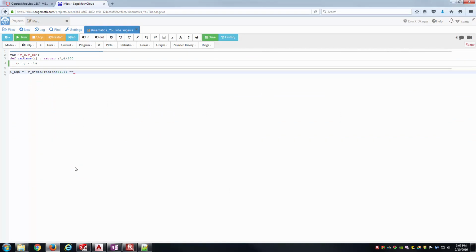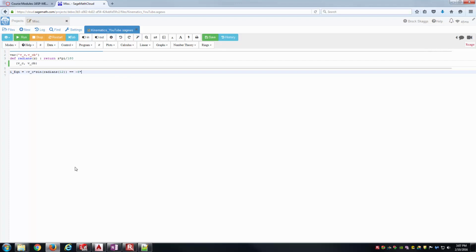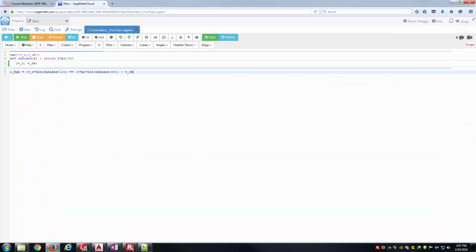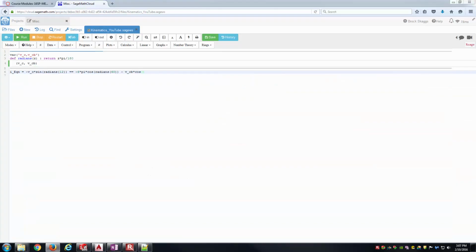And I'll put the double equals here because it's not an assignment. And the next term is negative 6 pi times the cosine of 60 degrees, so it's negative 6 times pi times the cosine. Again, wrap the 60 in radians for degrees there. And then minus V underscore CB times the cosine of 23 degrees.